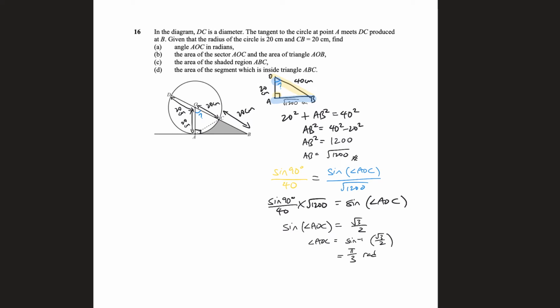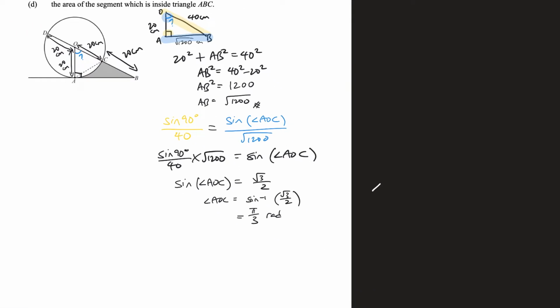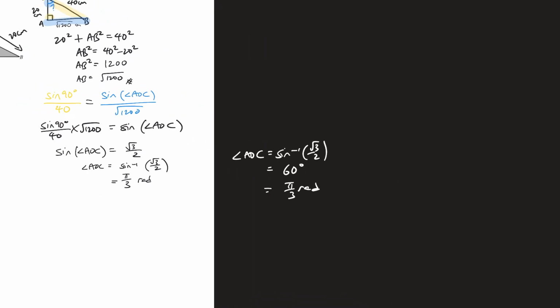And of course, you could have gotten 60 degrees here. If you got 60 degrees, then you convert 60 degrees to radians. Alternatively, if you use your calculator in degree mode, this will give you 60 degrees, and then you would convert that to pi over 3 radians. How you convert it, previous videos will show you very clearly.